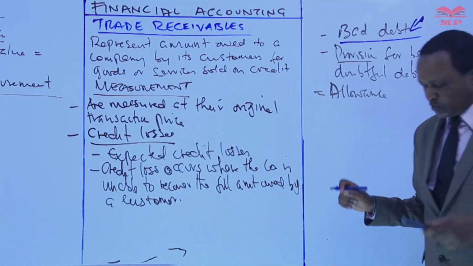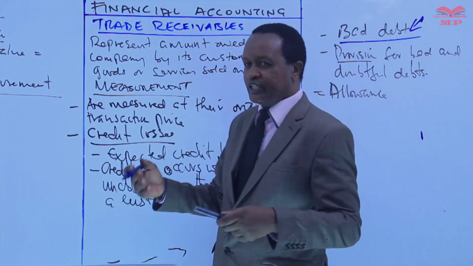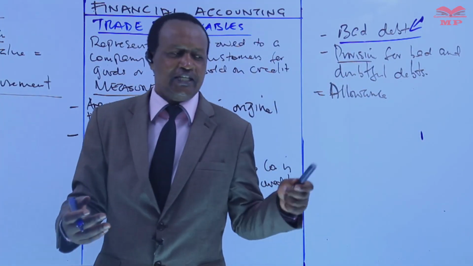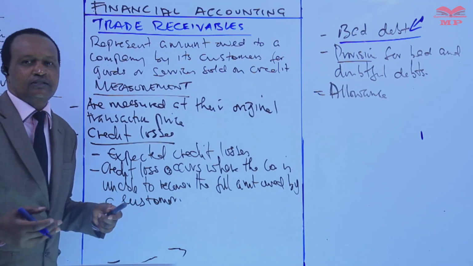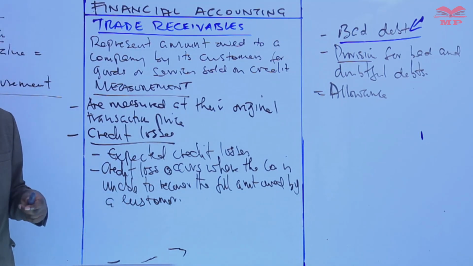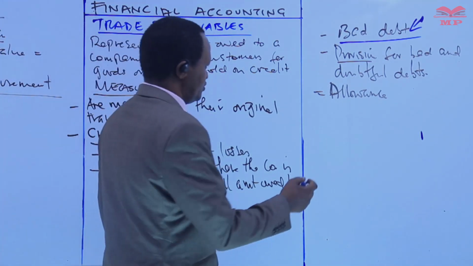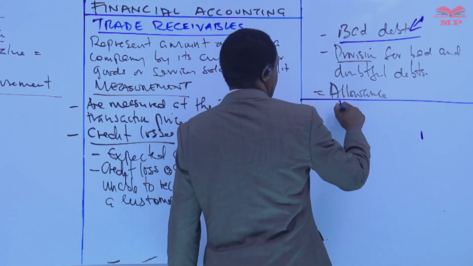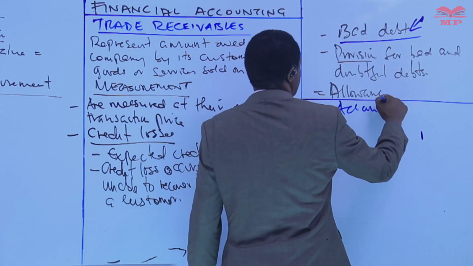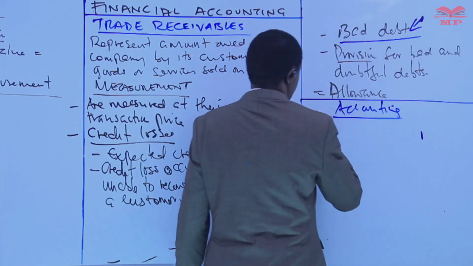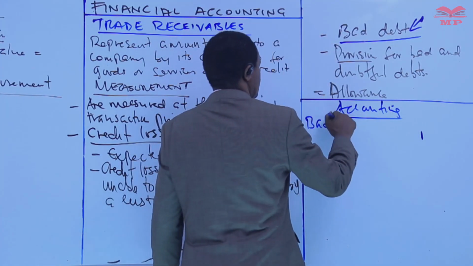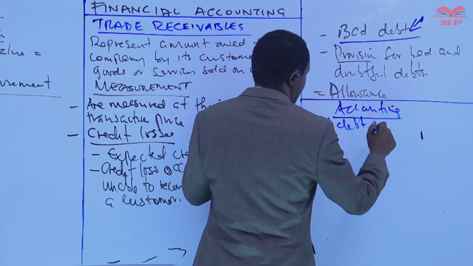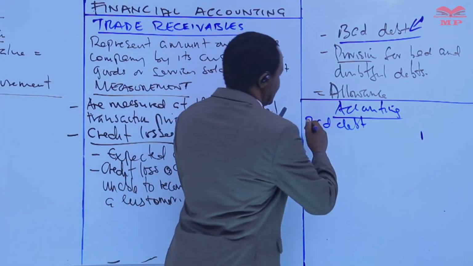You understand? So that begs the question, how do you then account for bad and doubtful debts? Accounting for bad and doubtful debts. First, we have the bad debt. How do you account for a bad debt?